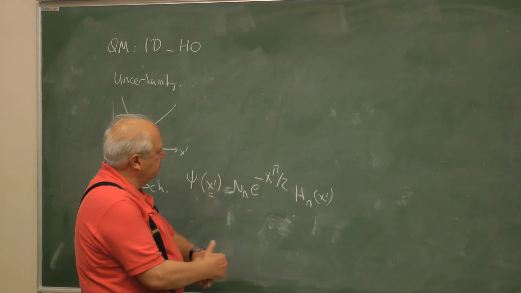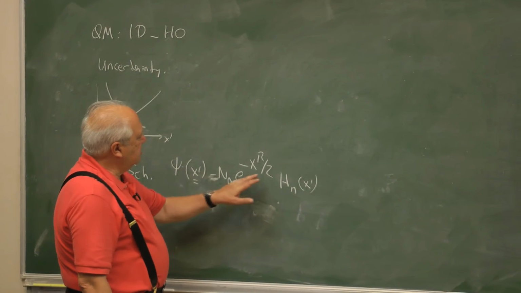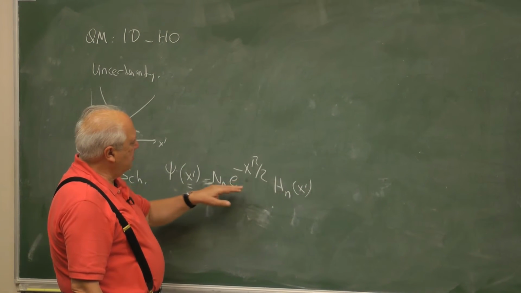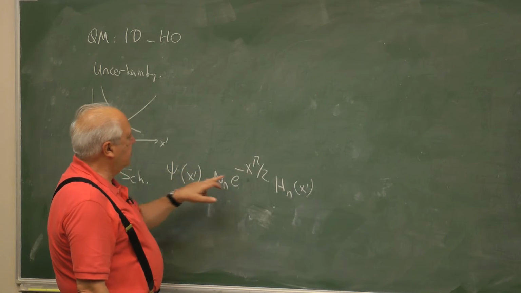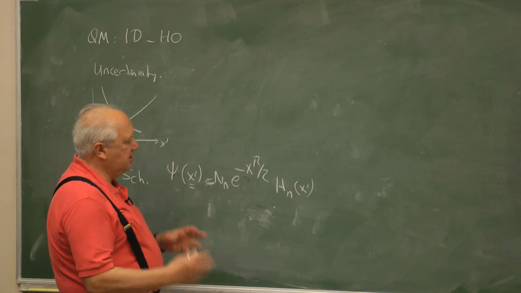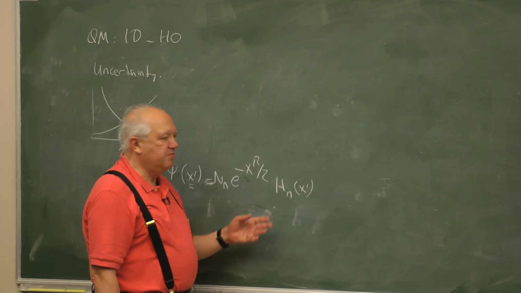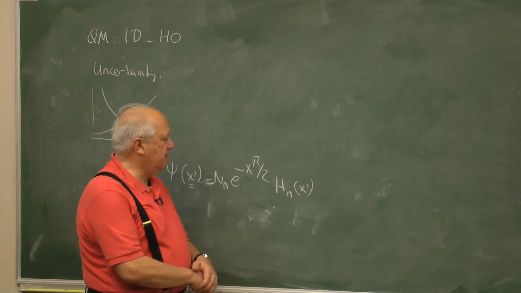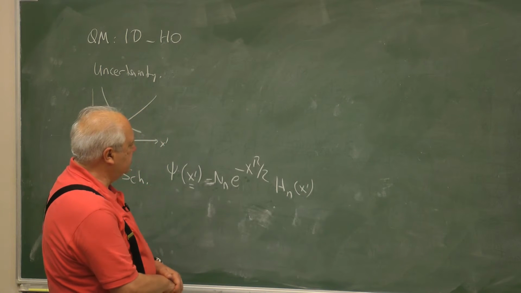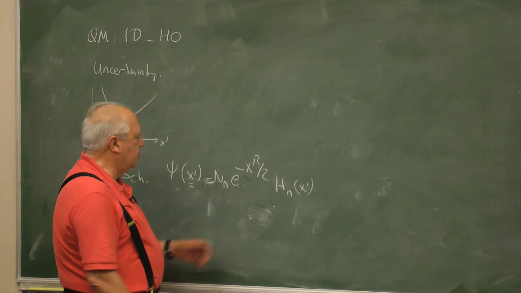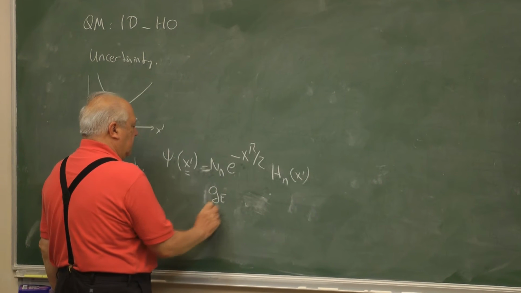Again, to remind you, this came about because of the behavior of psi for large x prime, and then we had a differential equation which we solved as a power series, but the power series gave a two-term recursion relation, so we had an even series and an odd series, G even and G odd.